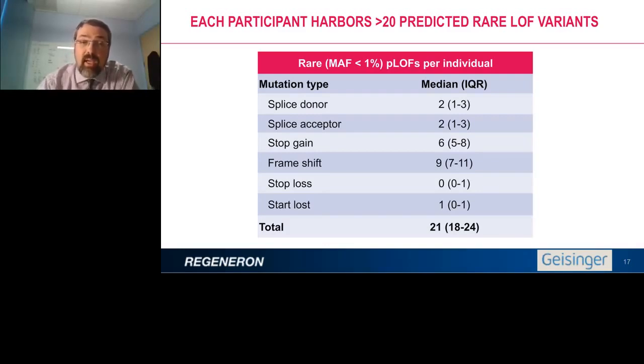We also anticipate that individuals shouldn't be carrying enormous numbers of them because, of course, these are people who are in a healthcare system, and yes, they're seeing the doctor, but for the most part, they're walking and talking, and they're not people who are incredibly ill.